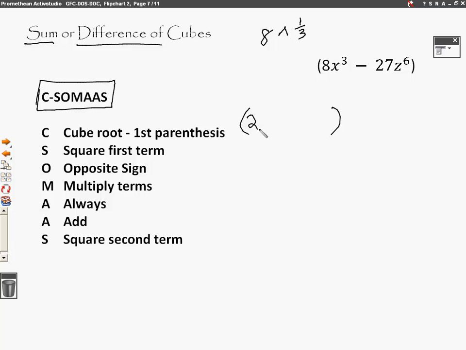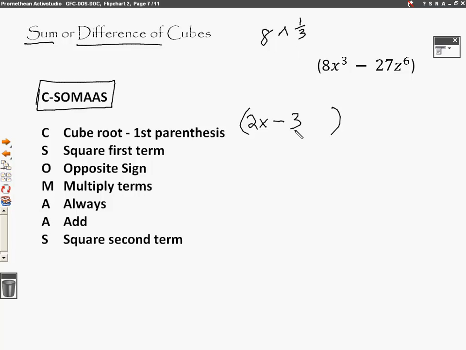Then for exponents, the cube root, you divide just like we did for difference of squares, but this time, since it's a cube, you don't divide by 2, you divide by 3. 3 divided by 3 is 1, so it's x to the 1. Then minus 27. If you do 27 and then the up arrow to the 1/3, you get 3.